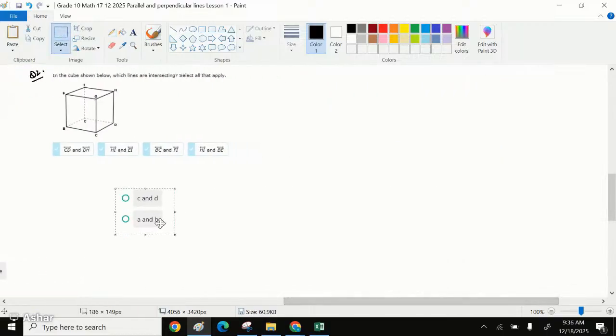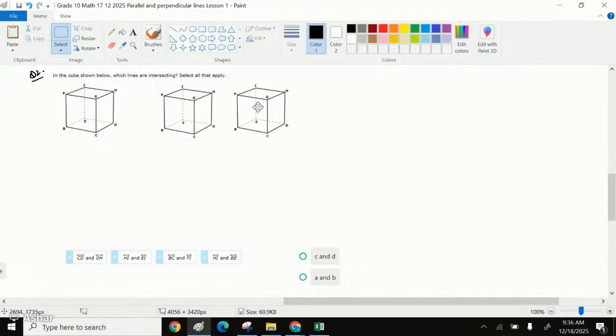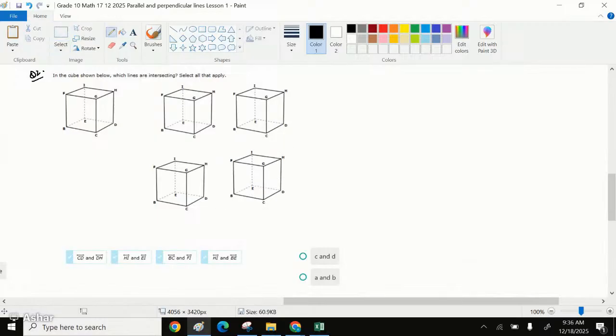These are the 4 options we have. Let's redraw this: 1, 2, 3, and 4. What we need to find in this question is which lines are intersecting.